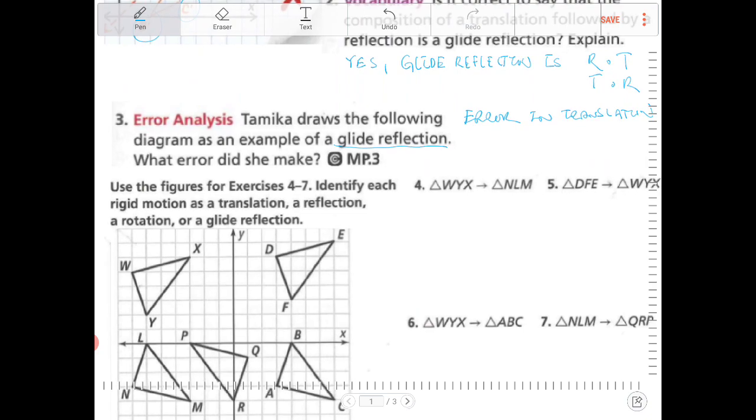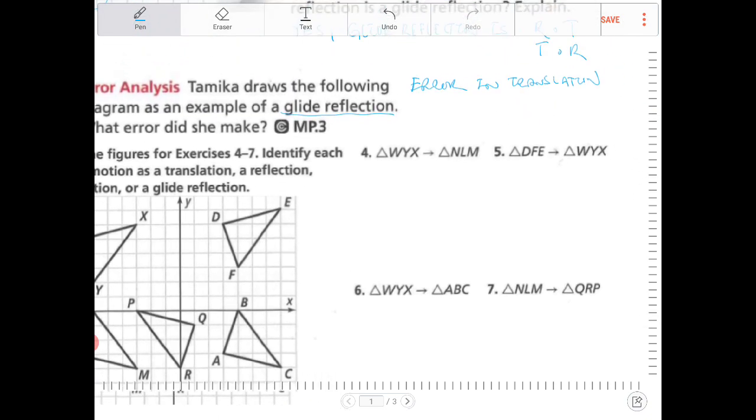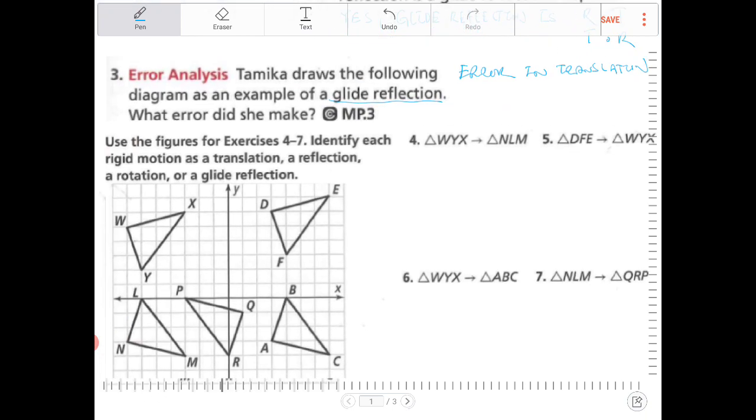Questions 4 to 7 say use the figures for exercises 4 to 7. Identify each rigid motion as a translation, a reflection, a rotation, or a glide reflection. Question number 4 says triangle WYX becoming triangle NLM.